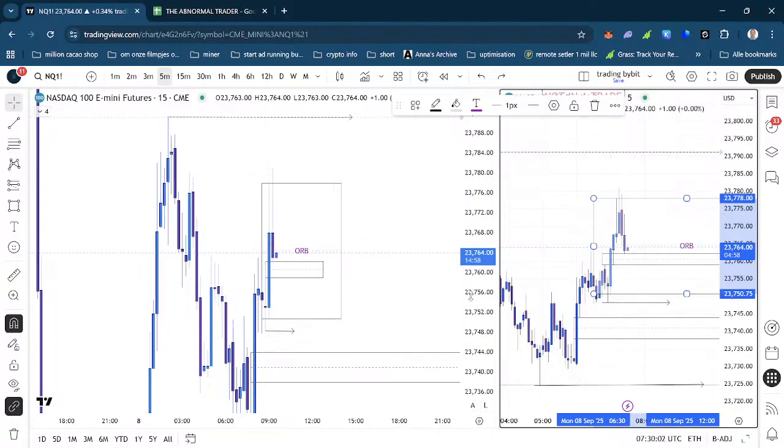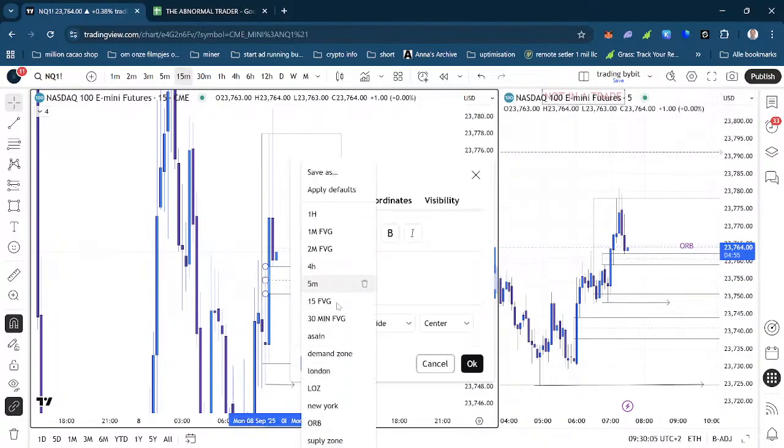So we now have a 15-minute inside bar too, right here.